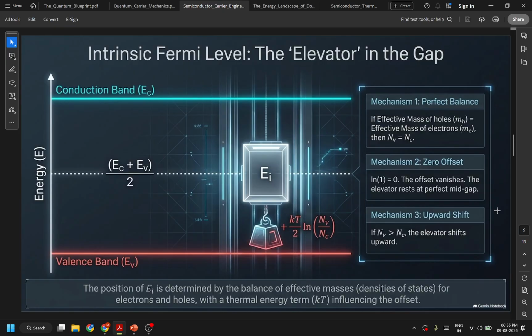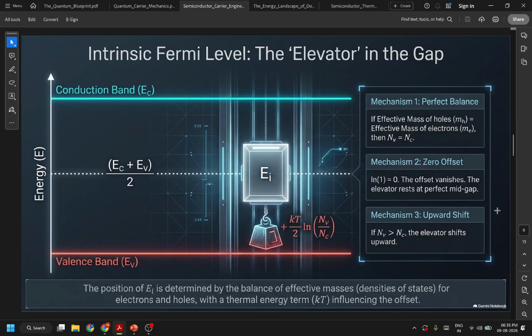Ei is given by the equation kT by 2 ln(Nv by Nc). So if Nc and Nv are equal, then it becomes ln 1, which is 0. This means this term is 0, so that means your intrinsic Fermi level is the same as your mid gap, which is (EC plus EV) by 2, or Eg by 2.